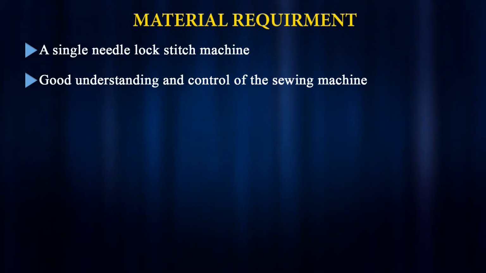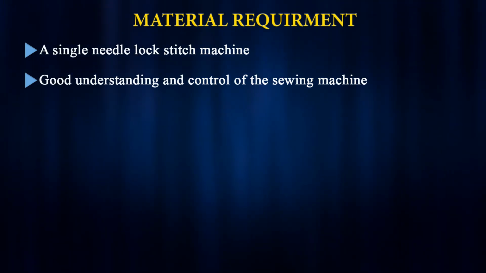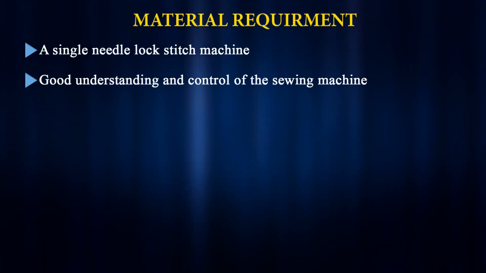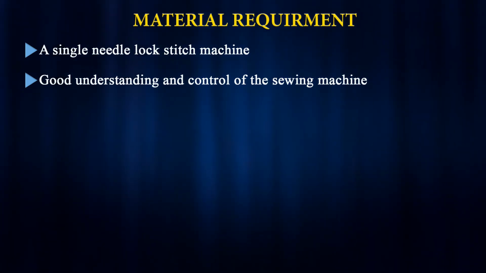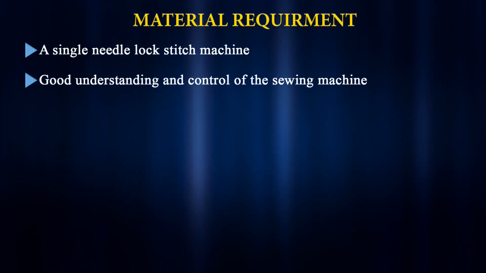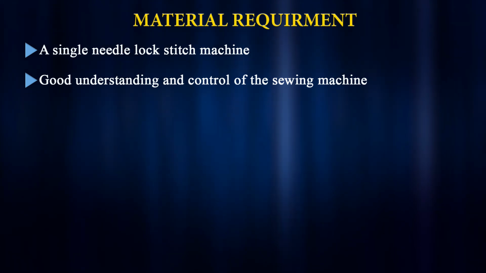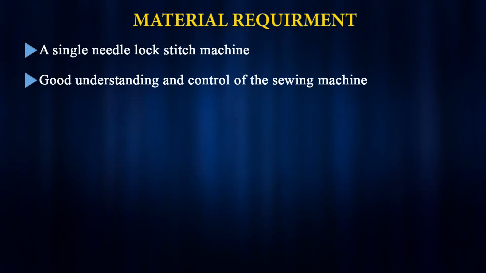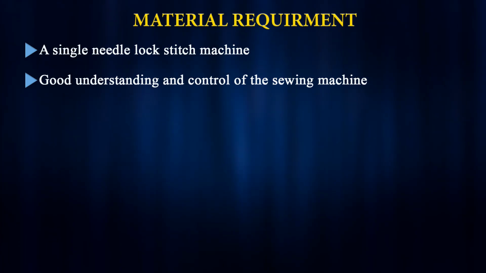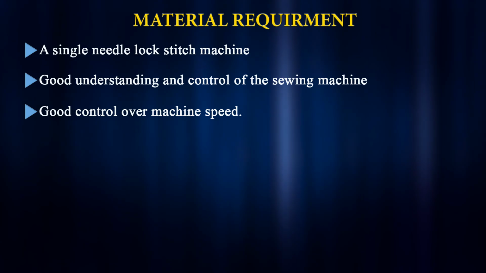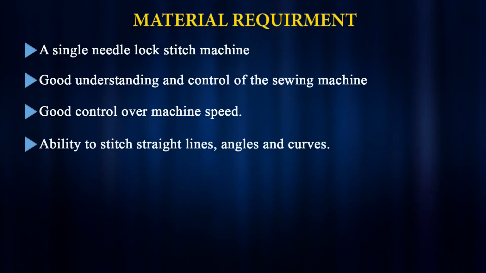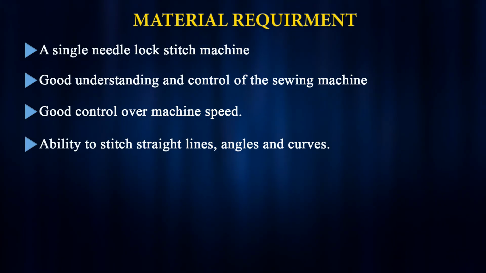In the earlier two activities, based on the sewing machine, its parts, safety measures, and handling the control of the machine, you gained good understanding of the parts, handling, and speed of the machine. You should have good control of the speed of the machine and the ability to stitch straight lines, angles and curves.